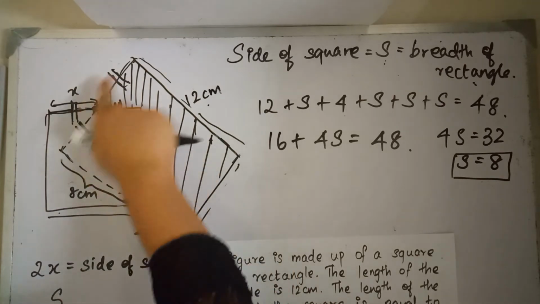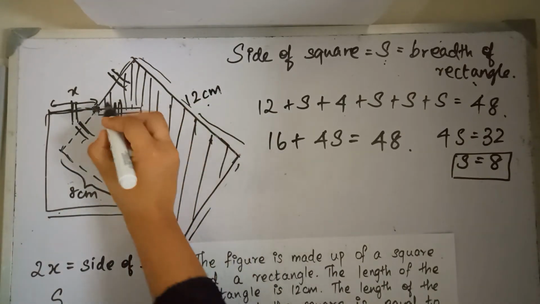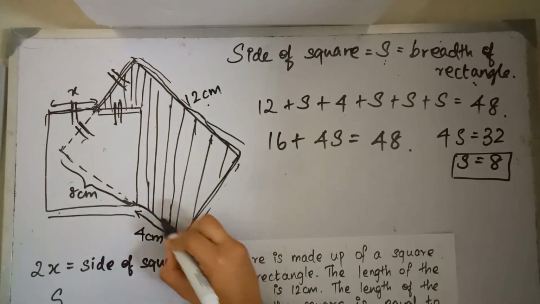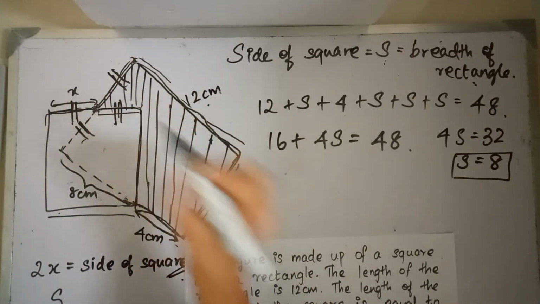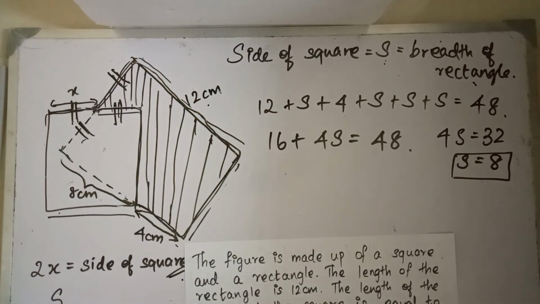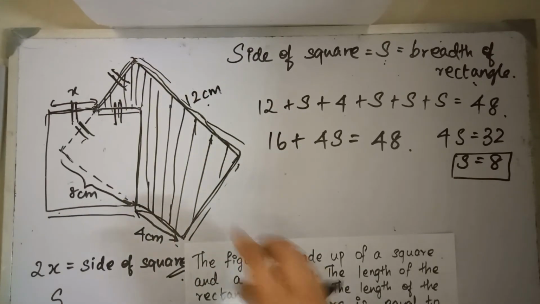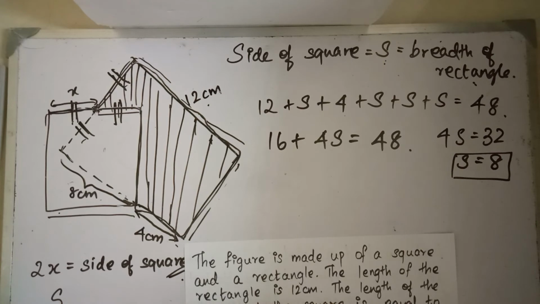So what do we do with this information? Now, I want the area of this shaded part. Shaded part is this area. I'm sorry if it got a little messy, but I just want you to be clear of the shaded part. So we want the area of this part. How do we find it out?